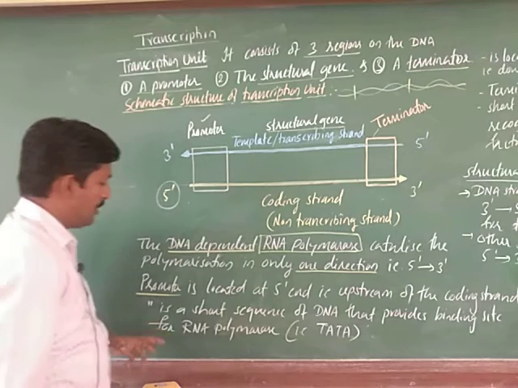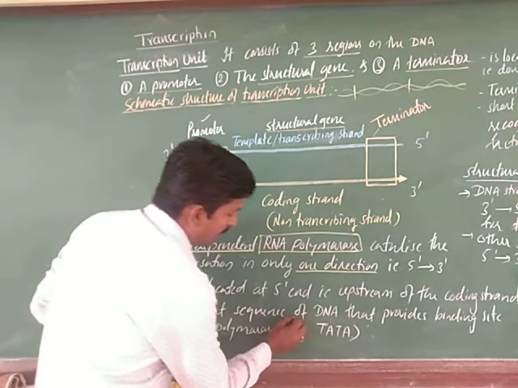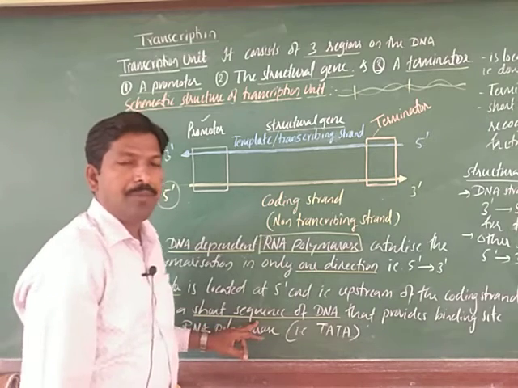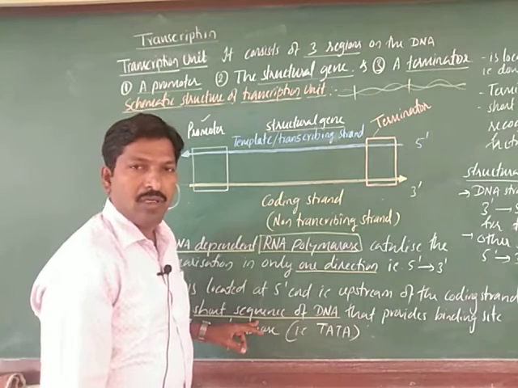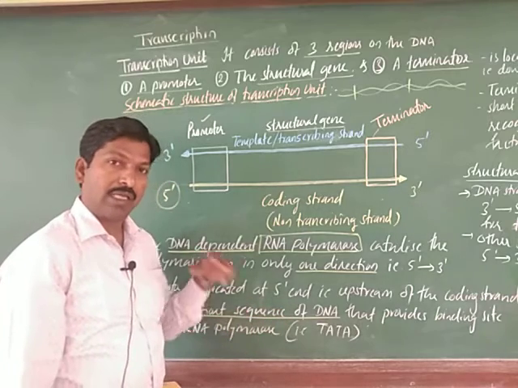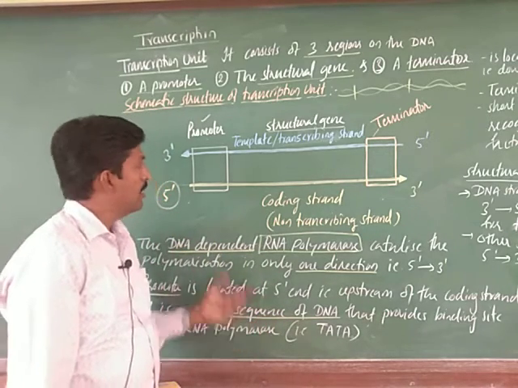Next, the promoter is a short sequence of DNA. Just as we observe the primer in DNA replication, where it was an RNA primer, here we do not call it a primer, we call it a promoter.